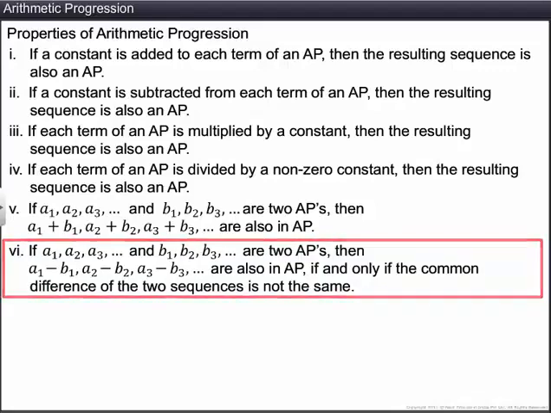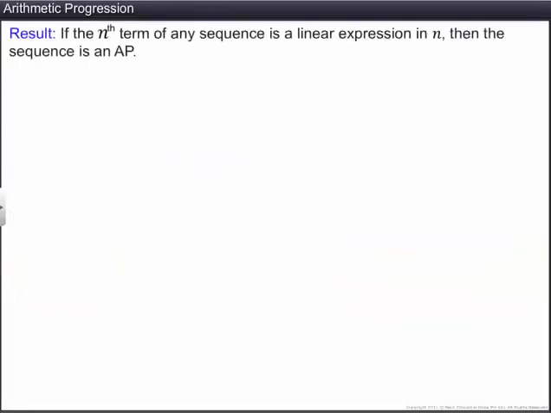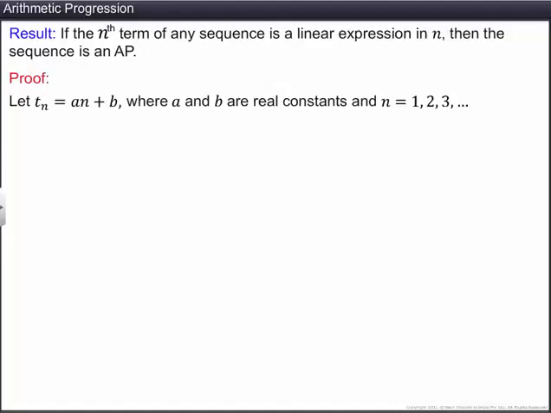That is, if the nth term of any sequence is a linear expression in n, then the sequence is an arithmetic progression. Let the nth term of the sequence be equal to an plus b, where a and b are real constants and n is equal to 1, 2, 3 and so on.